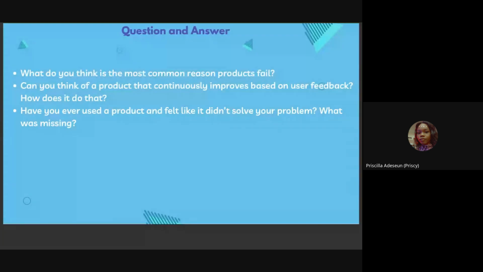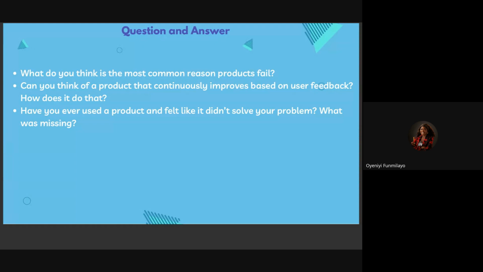There are a lot of features that have been added over the years, and they are trying to get people to be more satisfied. So I think WhatsApp is the one I can think of on the spot. So how do they do that? How do they improve on their products?